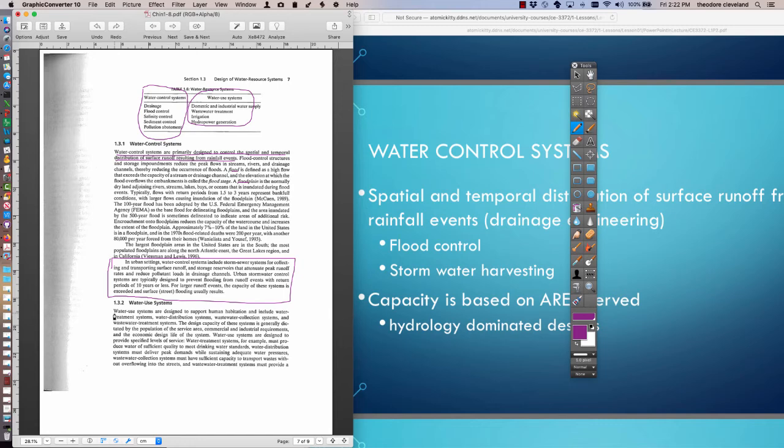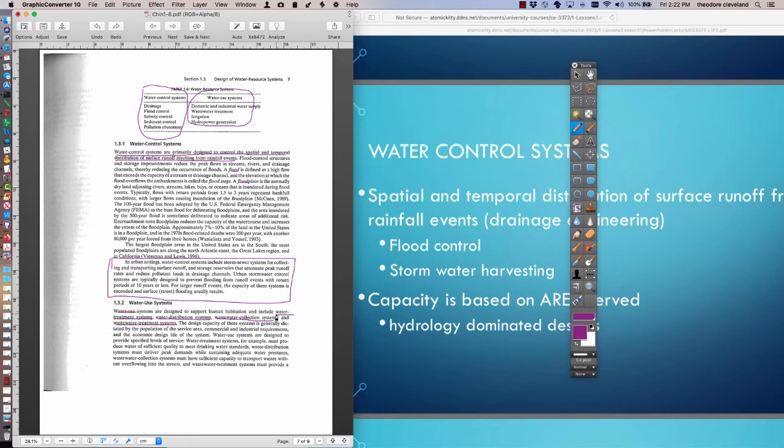Water use systems are the other things that we are involved with as civil engineers, and actually in some contexts slightly more important, very slightly, than a control system, because these are used to provide the water that we need for our everyday activities of living. So water use systems include water treatment, water distribution, wastewater collection, and wastewater treatment.